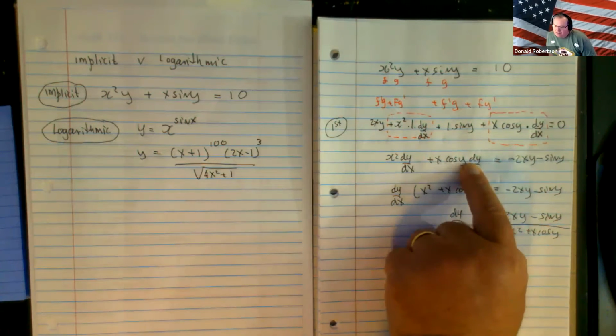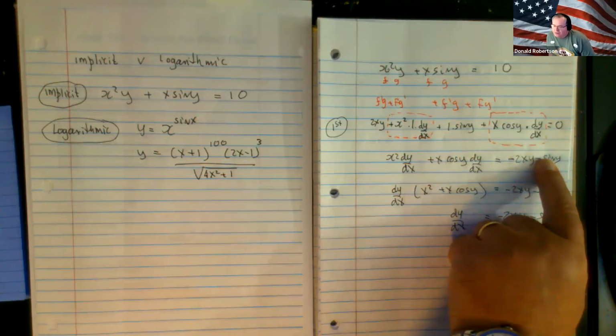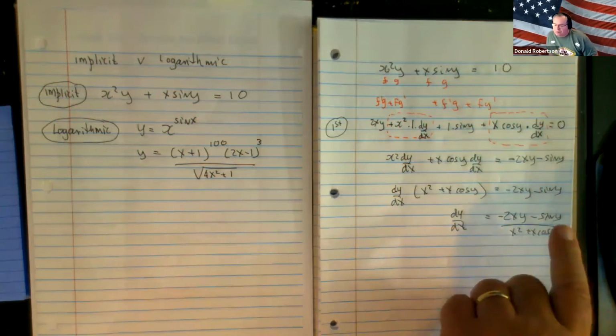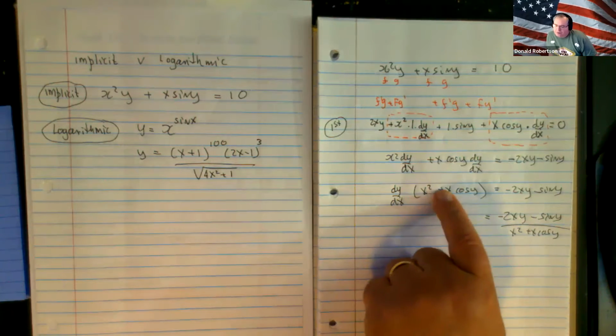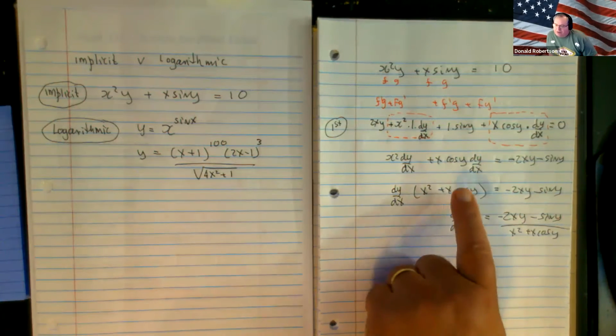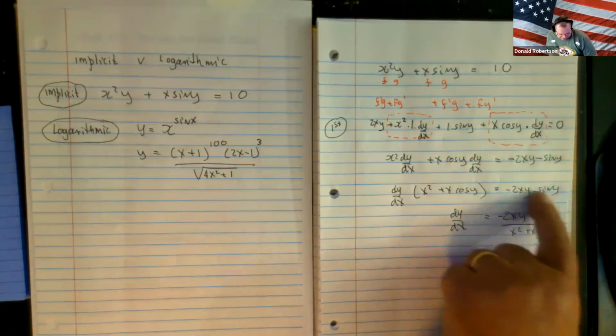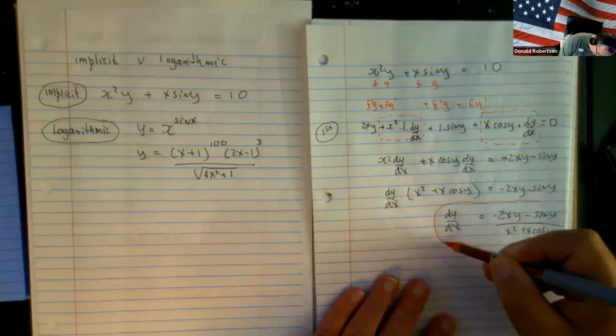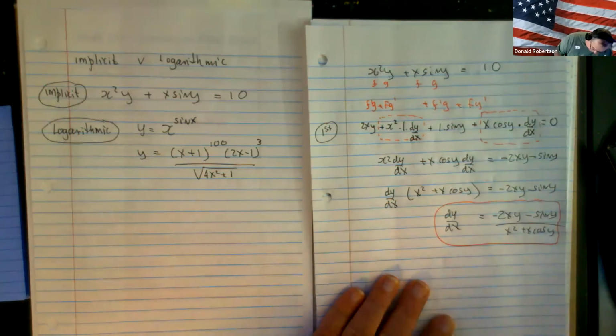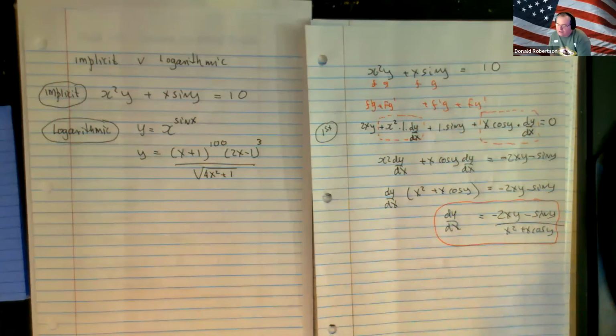Get all dy by dx's on one side, anything that's not on the other, right? So you add and subtract to both sides to make that happen. Pull out dy by dx as a common factor, and then divide by this horrible mess, and there is your answer. So when you do implicit differentiation, your answer will also be a combination of x's and y's.